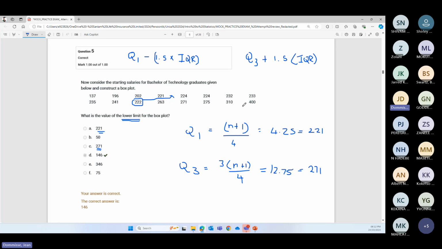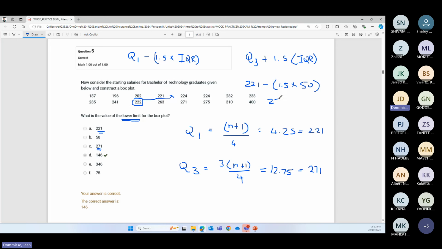So we want Q1, which is 221, minus 1.5 times the interquartile range, which is 271 minus 221, which is 50.